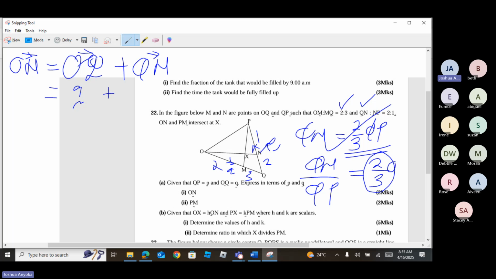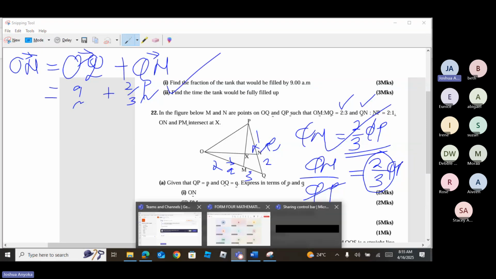Cross multiply, times QP. This QP will cancel. So you remain with 2 over 3 QP, and QP is vector P. You are done with the first one.